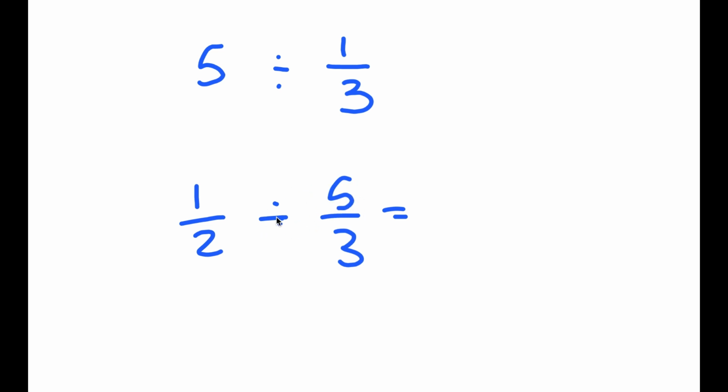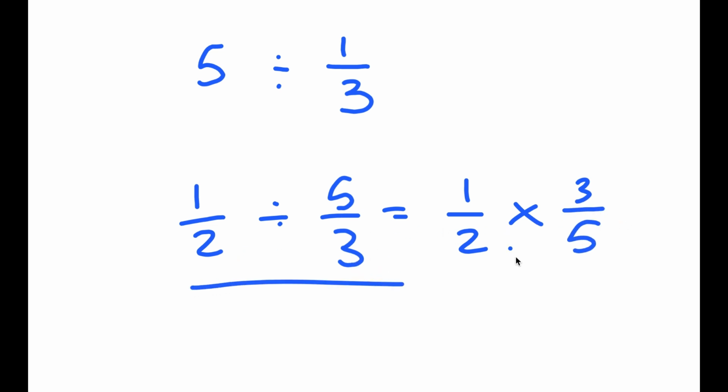So we keep 1/2 the same, change our sign to multiplication, and change 5 over 3 to 3 over 5. So 1/2 divided by 5 over 3 is the same thing as 1/2 times 3 over 5. We change 5 over 3 to its reciprocal, and the reciprocal is just these two places swapped.